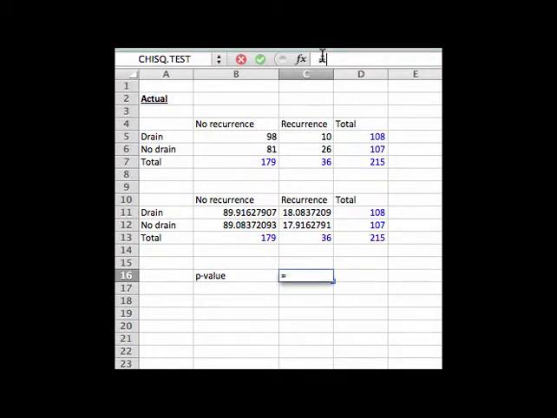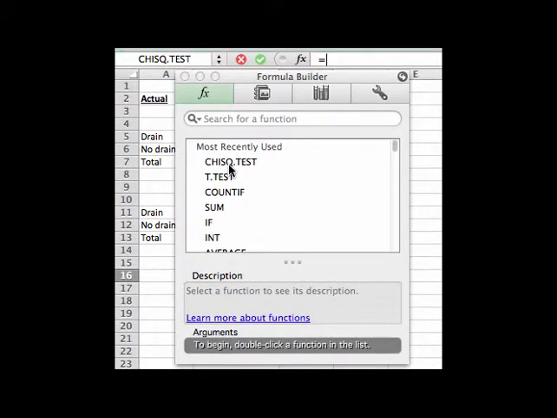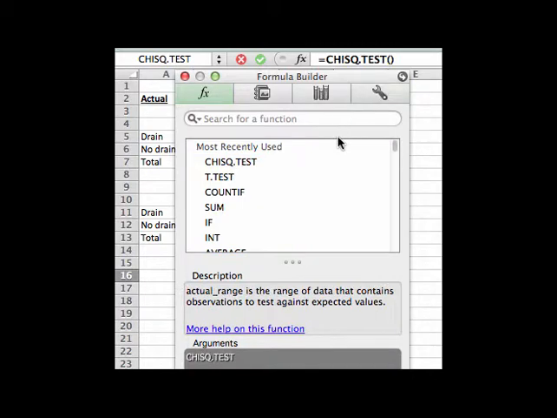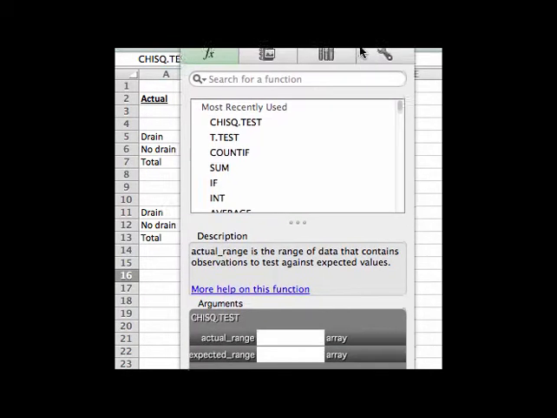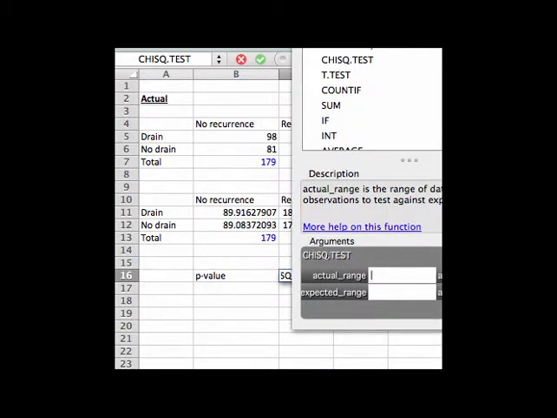So let's put equal, and when I press the function builder, I get the chi-square test. So if you see here, it says it wants the actual range.